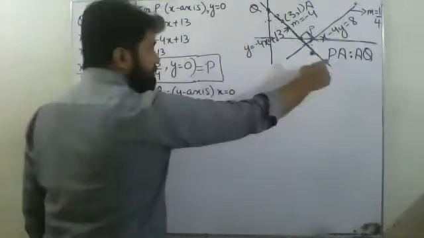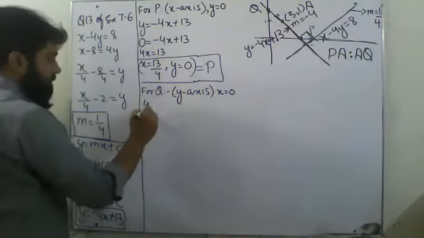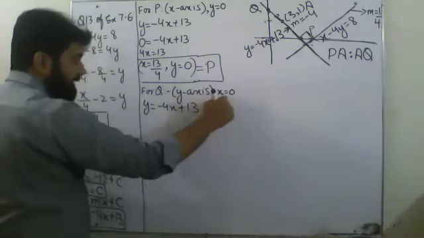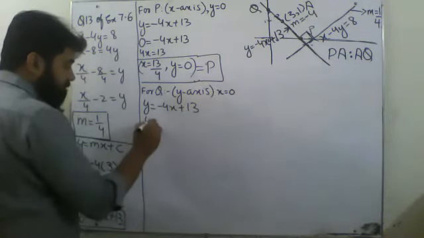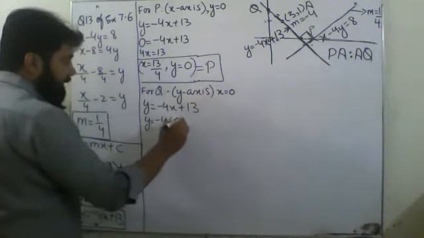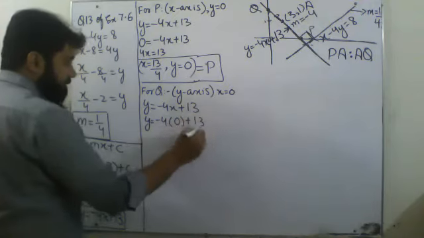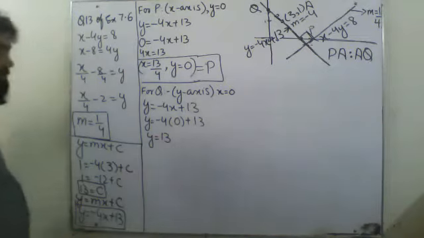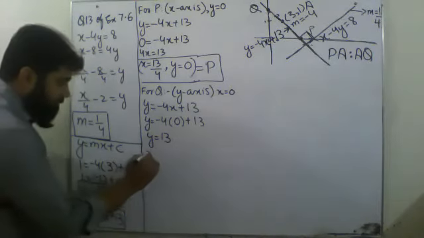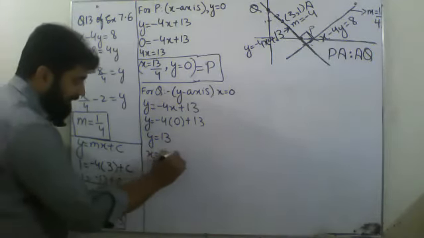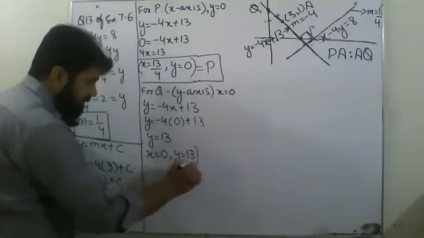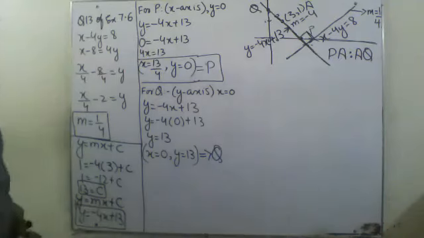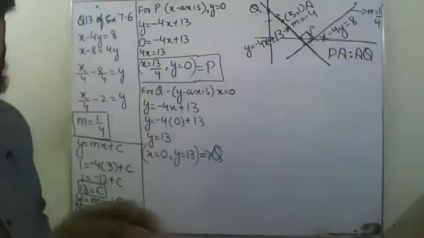Again, I am going to use the same equation, y equals minus 4x plus 13. Now I am going to plug in x equals 0. So y equals minus 4 into 0 plus 13. When I simplify it, y comes out equal to 13. So x equals 0 and y equals 13. That is going to be your Q coordinates.